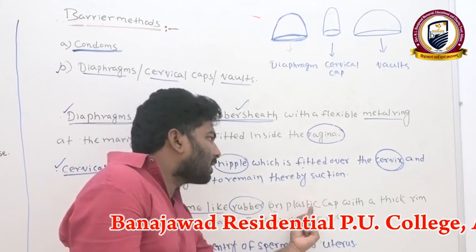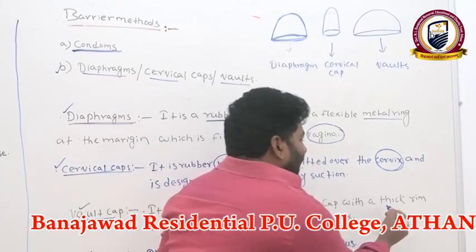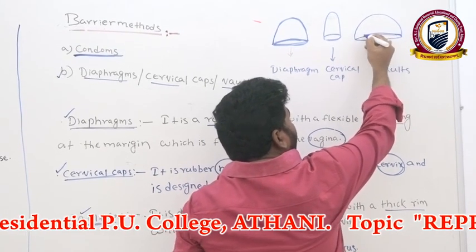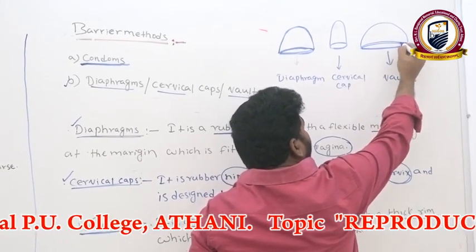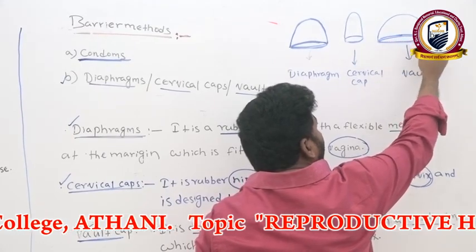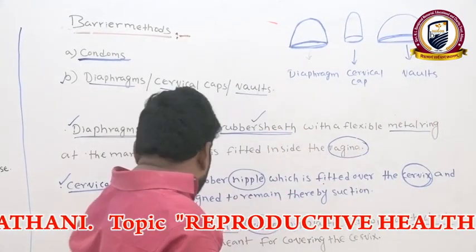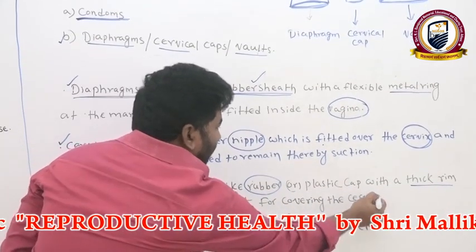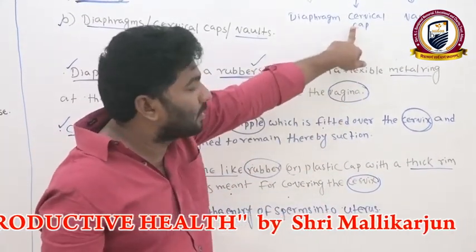It is a rubber or plastic cap with a thick rim. Thick rim means the margin is very thick. Clear? It is meant for covering the cervix region, like a cervical cap.